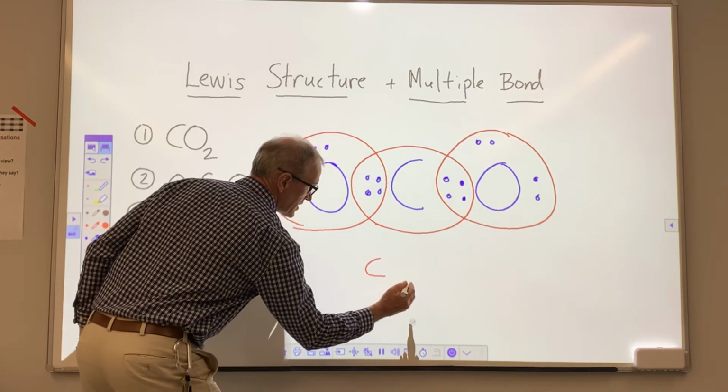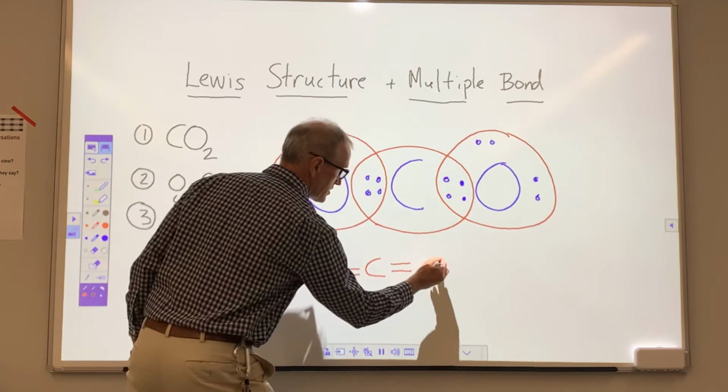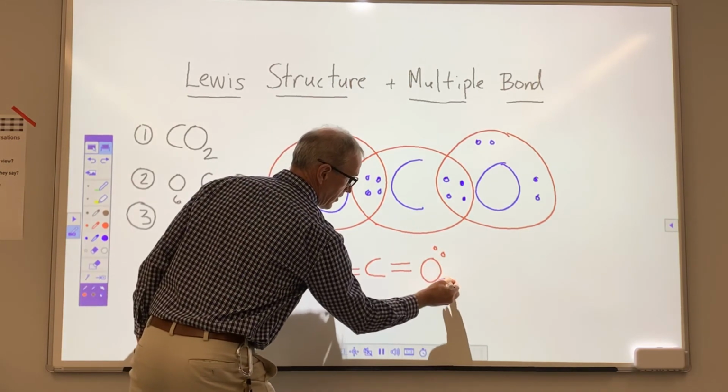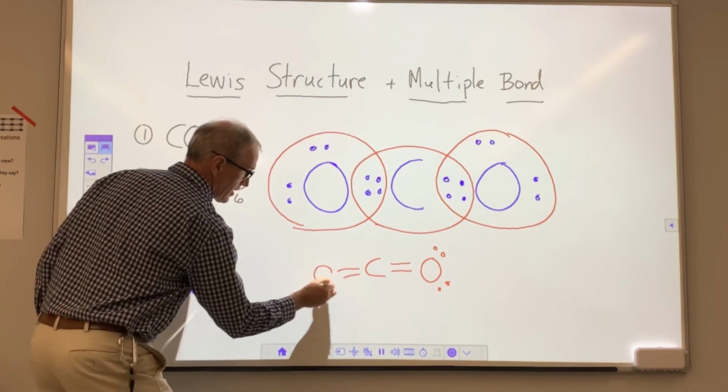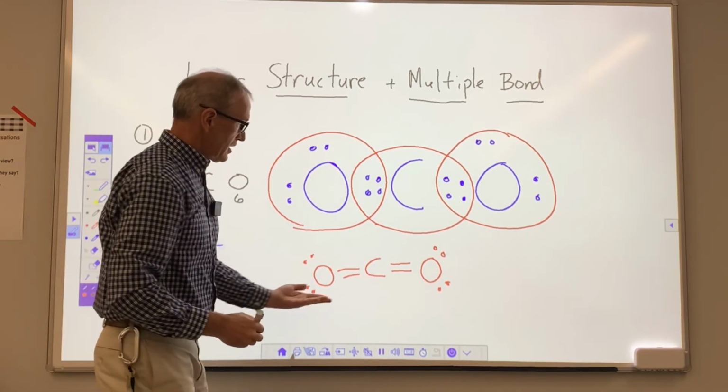We can simplify this down to use lines to represent the pairs. We want to keep our unshared pairs there around the oxygen to show the Lewis structure.